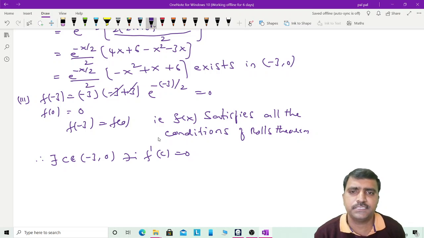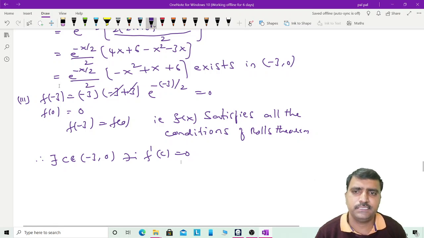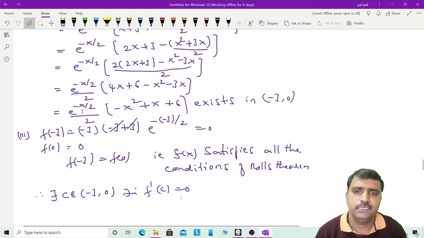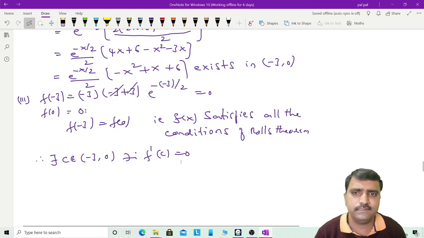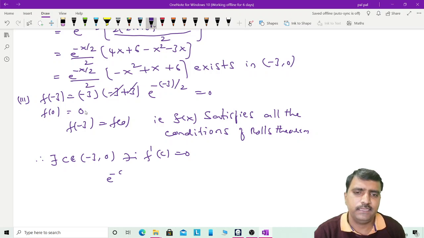What is f dash? Here it is, this is f dash. So f dash of C is e to the power minus C divided by 2 into minus C square plus C plus 6 is equal to 0.